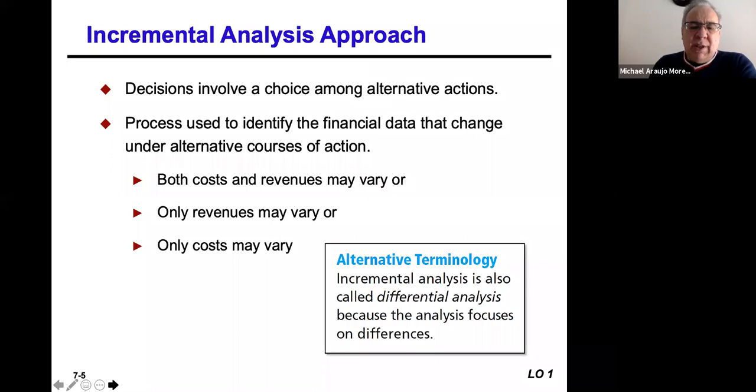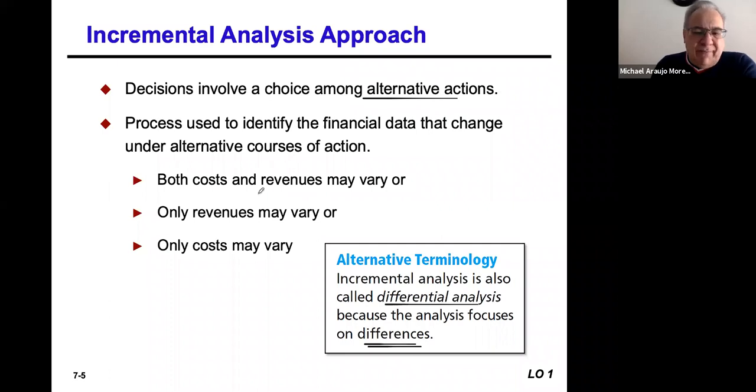So we use something called incremental analysis to help us choose among different possible actions. Okay. It used to be called differential analysis because, in essence, the analysis here focuses on the differences between choice A, choice B, choice C, etc. Whatever the choices are, what are the differences in the outcomes?